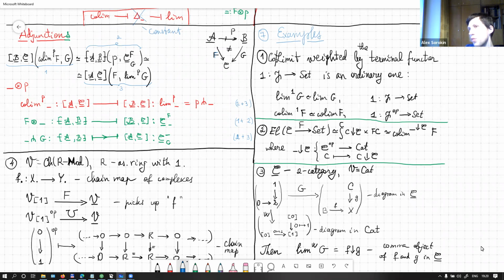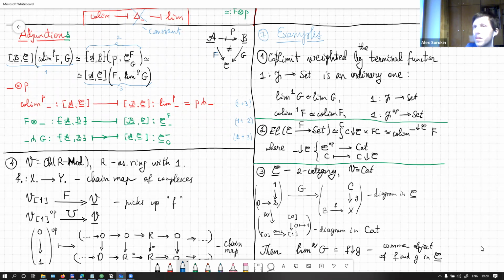We can obtain them from the above definition, just changing the object C by the value of a certain functor, and then using the fact that things are natural in all variables. So we can derive these formulas from the definition of weighted limits and colimits.